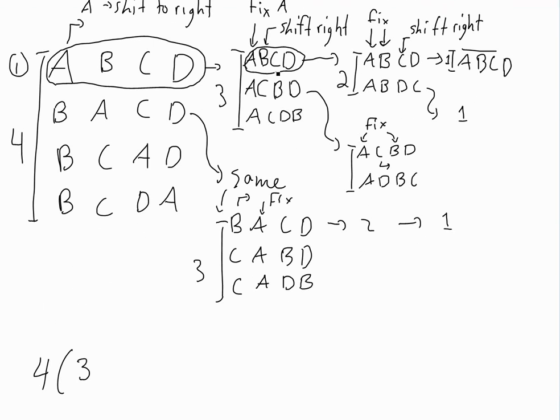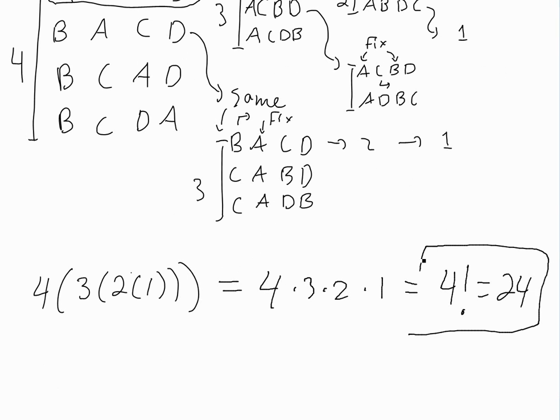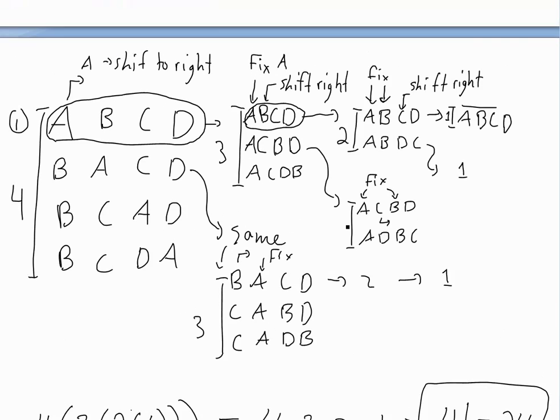So we could write it as 4 times (3 times (2 times 1)), closing all the brackets. And this just equals 4 times 3 times 2 times 1, which is 4 factorial, and this equals 24. So there's a little quick proof of this.